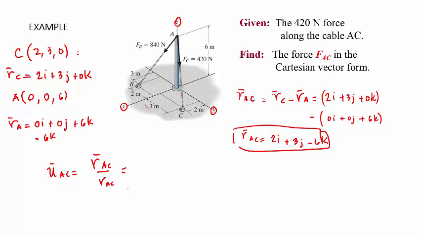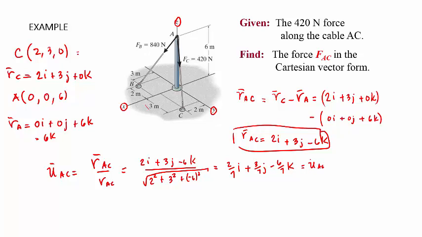And so here I have 2i plus 3j minus 6k divided by, and then the magnitude would be the square root of 2 squared plus 3 squared plus 6 squared, and this would be then 2 over 7 i plus 3 over 7 j minus 6 over 7 k. So this is my unit vector in the direction AC, and my force goes in that same direction.